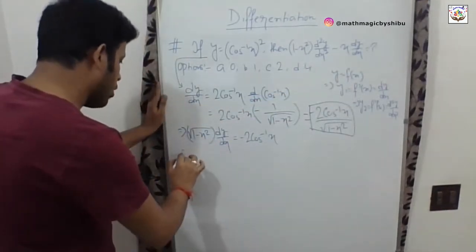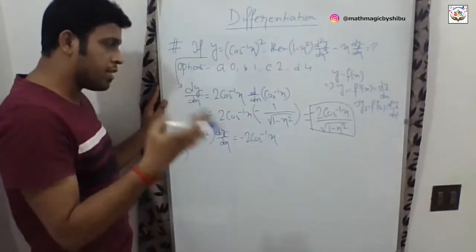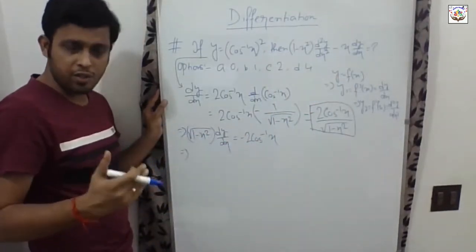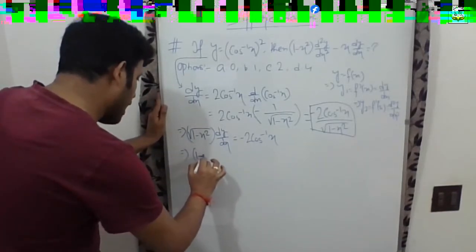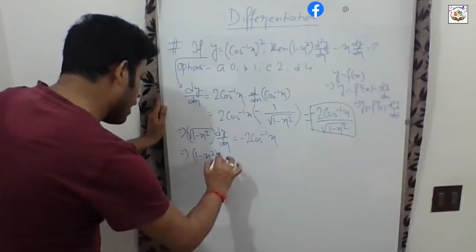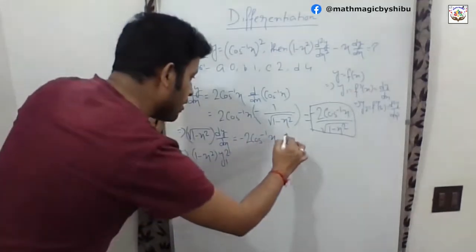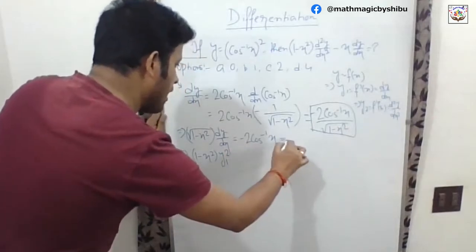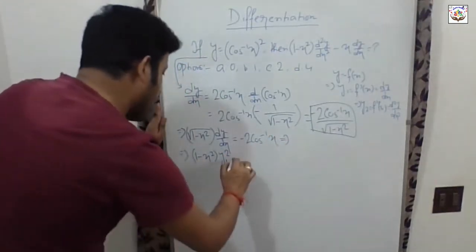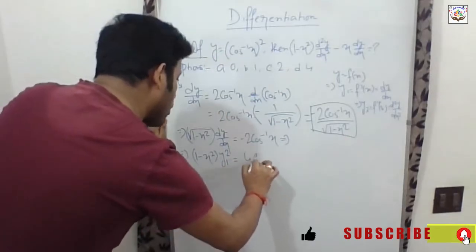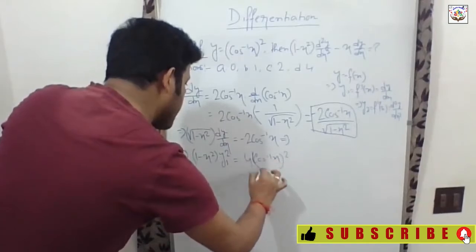So if we square it and consider dy dx as y1, and d2y by dx square as y2, what I can write is 1 minus x square y1 square. Why? Because from this line we are squaring both the sides. So it will be 4 cos inverse x whole square, right?